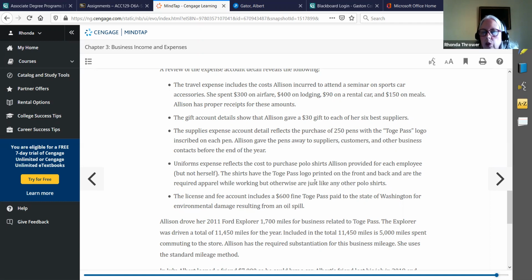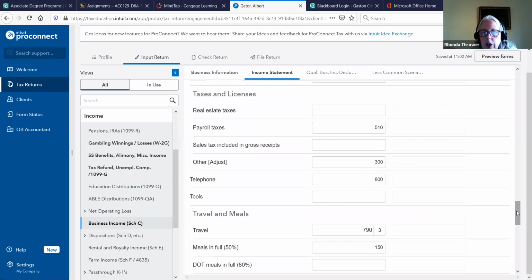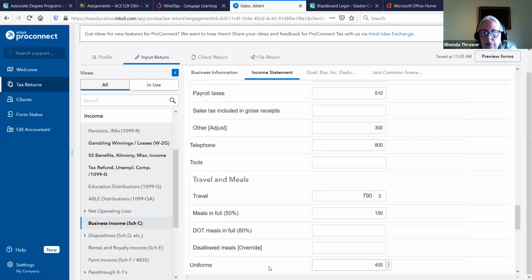The shirts have Toad Pass logo printed on the front and back and are required apparel. So she's requiring her employees to wear these shirts so she can take uniforms as an expense. And there is a place for uniforms on the Schedule C right here.